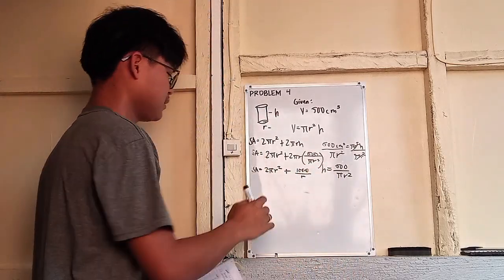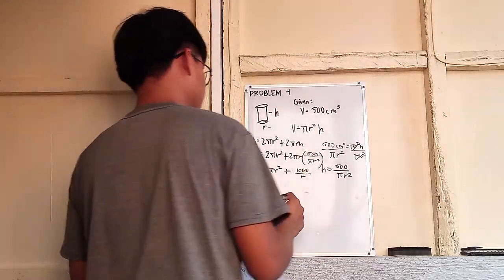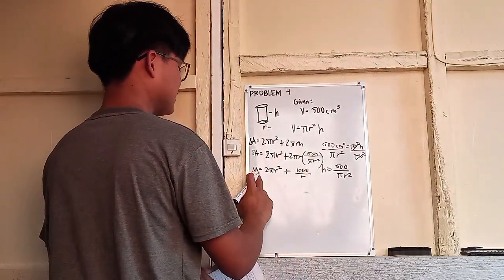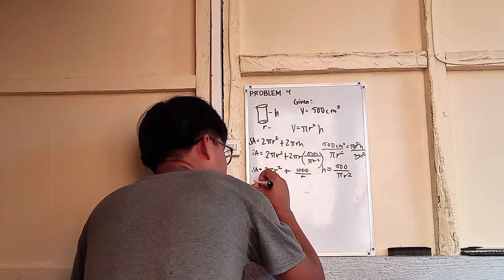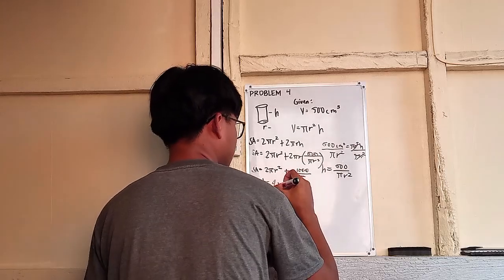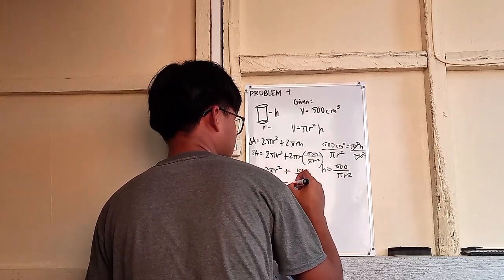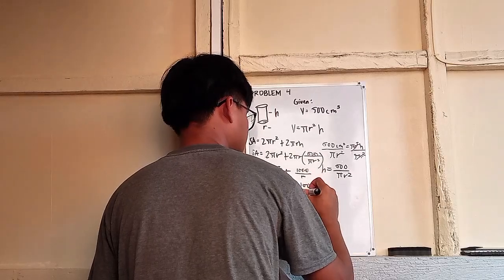Then what we're going to do next is to differentiate the surface area. So the derivative of the surface area is equal to 4 pi r minus 1000 over r squared.